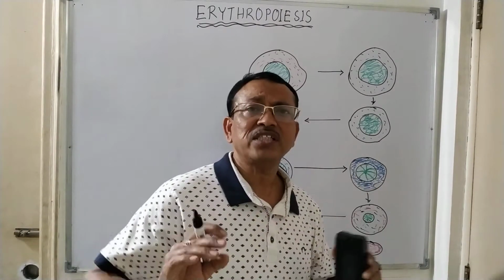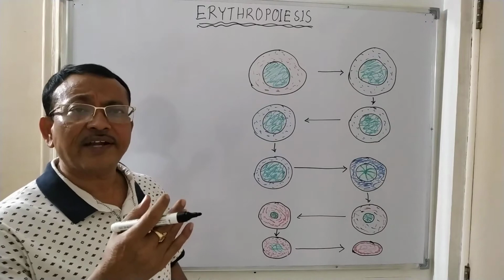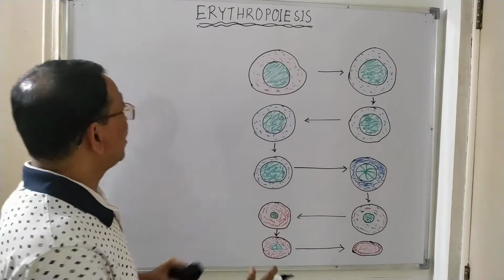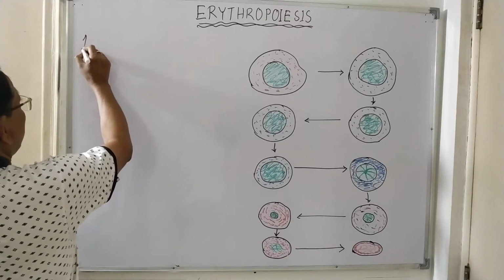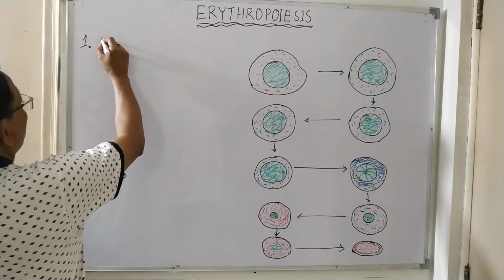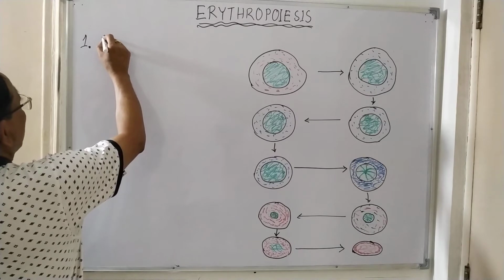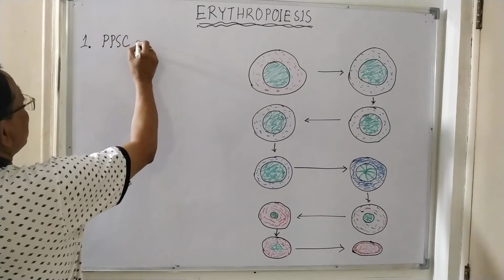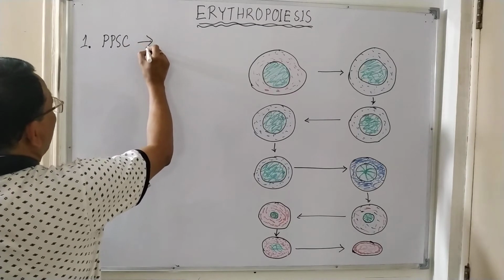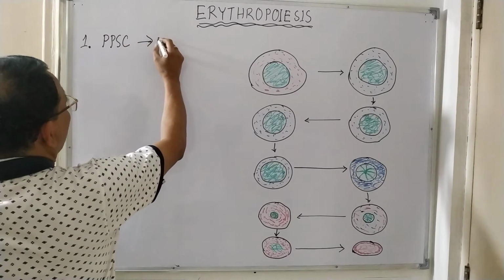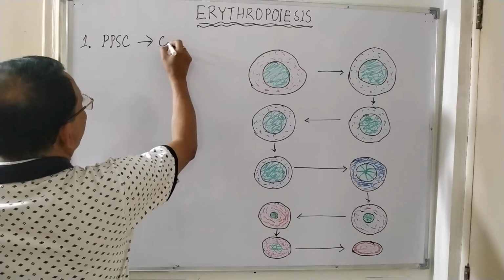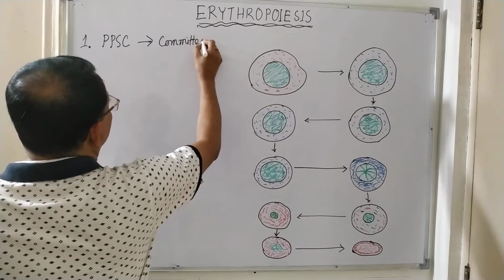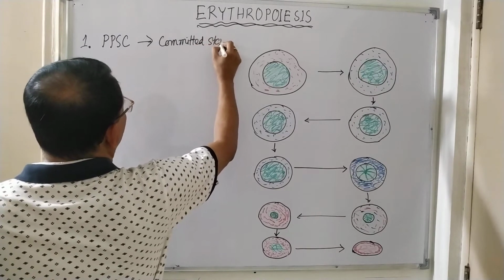RBCs are formed in different steps, different stages, from the hemocytoblast. So what is the first stage? In the first stage, the pluripotential stem cell is converted to the committed stem cells. And which one?